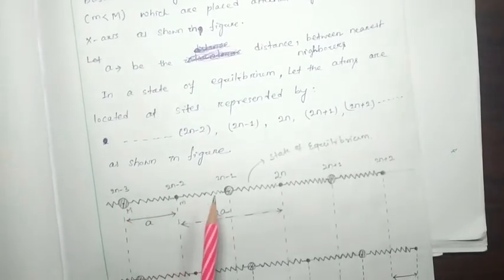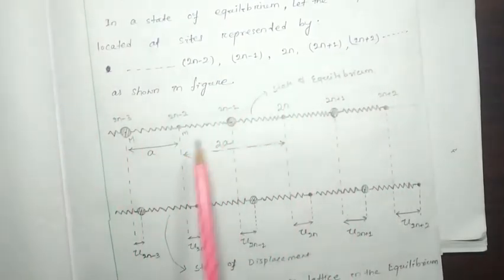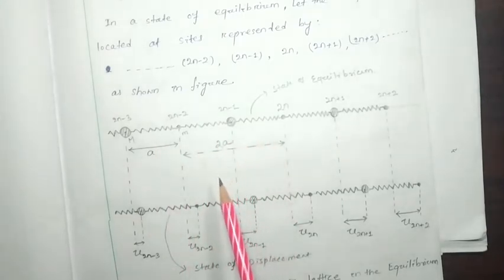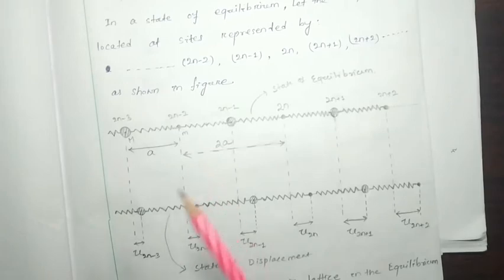When this system vibrates along the x-axis, one-dimensionally, what type of frequency can be generated corresponding to its k vector?